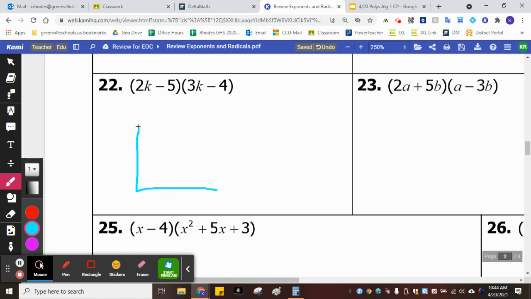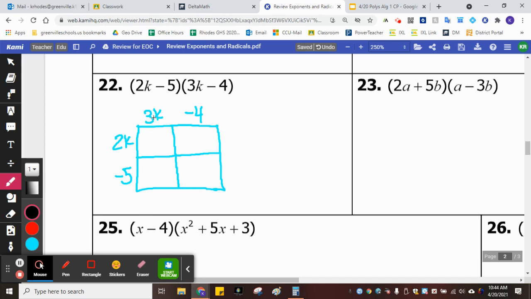Again, 2 by 2, so a 2 by 2 box. If you're doing the video, pause it right here, see if you can fill it out. So multiply 2k times 3k.